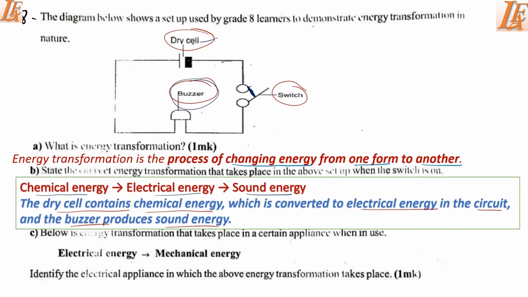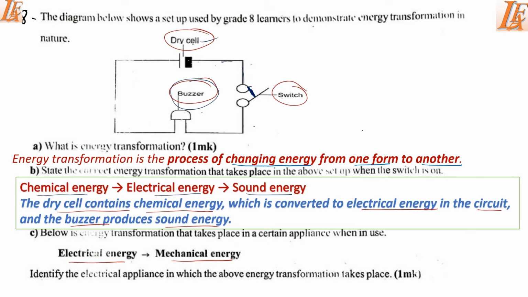Question C, below is energy transformation that takes place in a certain appliance when in use. In this case, we have electrical energy being transformed to mechanical energy. Now the question is, identify the electrical appliance in which the above energy transformation takes place.